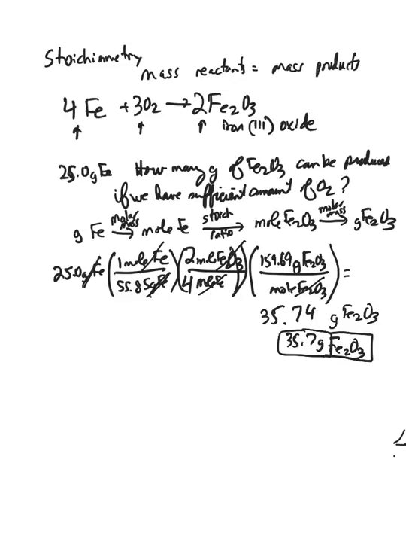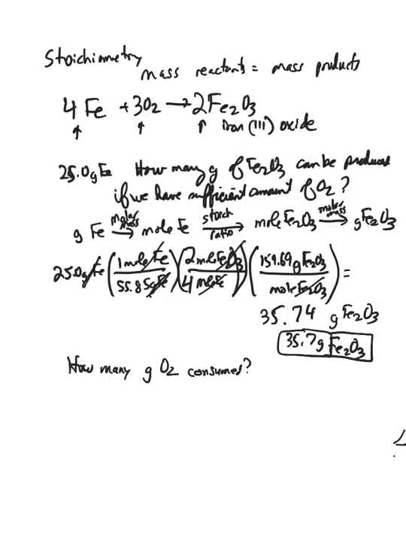A second part to this problem could have been how many grams of oxygen were actually consumed. How many grams O2 consumed or reacted? There are two ways to go about doing this.